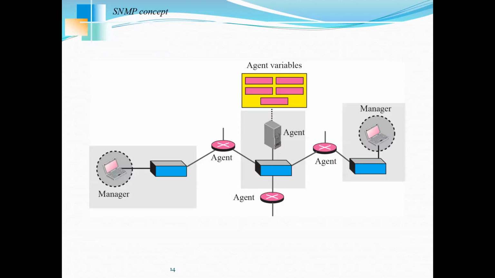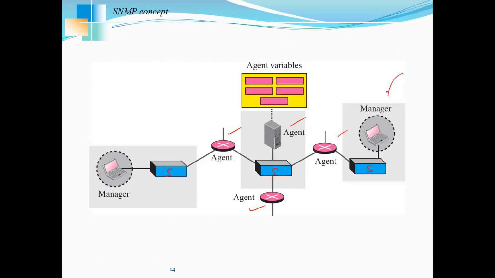So here we have another view of the concept. You have your network, and you have all these devices that are agents. This is an agent, this is an agent, all of them, these are switches, right?